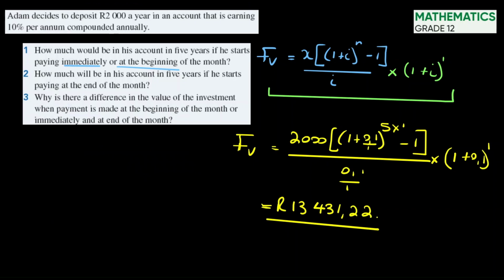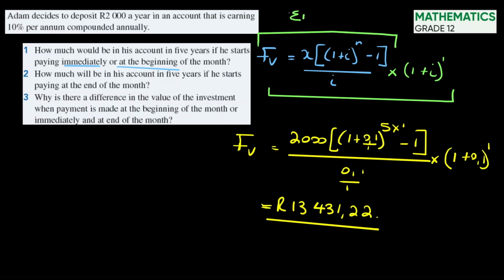It asks us, what will then happen? How much will be in his account in 5 years if he starts paying at the end of the month? So it's no longer at the beginning of the month, he's changing to the end of the month. If it's at the end of the month, we only use the standard future value.